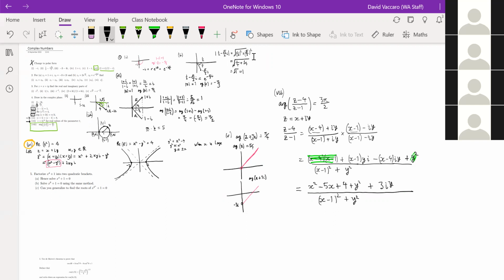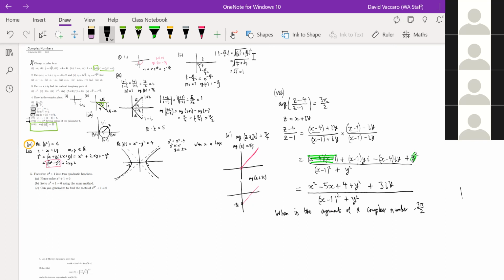Okay. Now we want the argument of this complex number to be 3 pi over 2. So let us ask ourselves the question, when is the argument of a complex number 3 pi over 2?